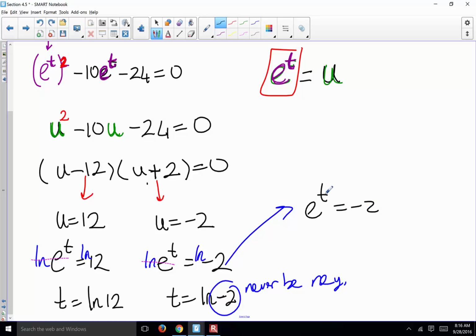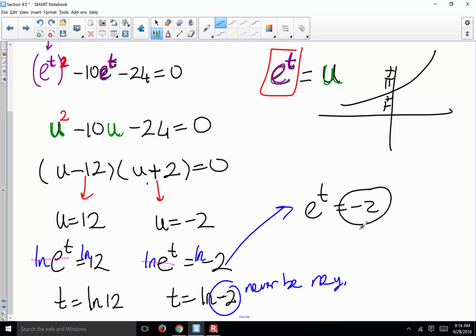When I raise e to a power, any power, exponential functions are always above the x-axis, positive y values. They can never become negative. Right? e to the x is rising like this. It's never under the x-axis. It's positive all the time. So this is impossible. We could have stopped right here. This cannot happen.